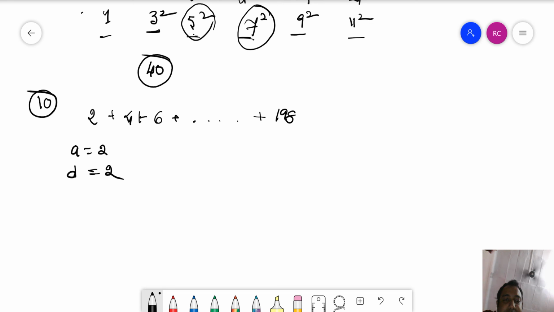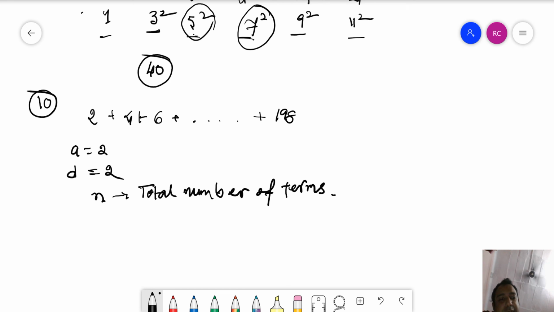So let us consider the total number of terms to be n. N is the total number of terms, and so the last term, which is 198, can be got by this formula.